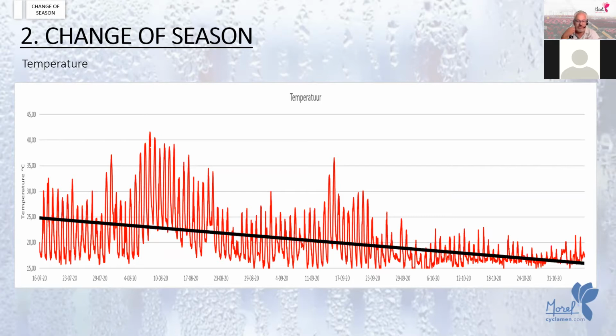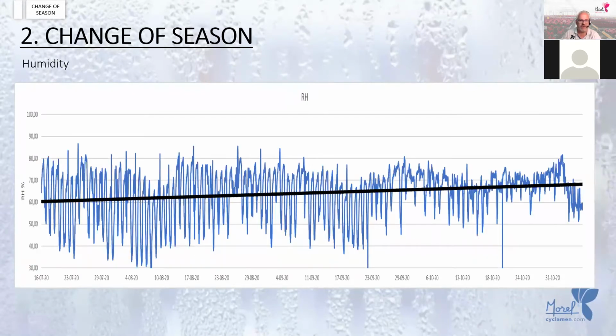But what we also can see is that by the end of September, the temperature almost suddenly drops. And from then onward, as we will show on the next slide when we look at the humidity, it increases significantly. So here again, the same period, same greenhouse, the blue line indicating the humidity.